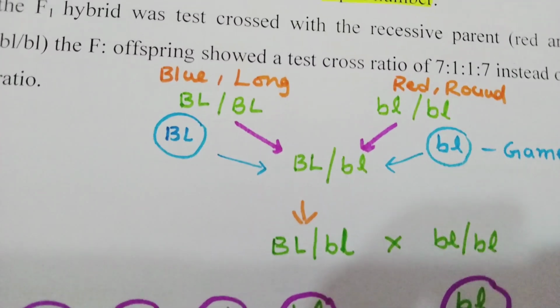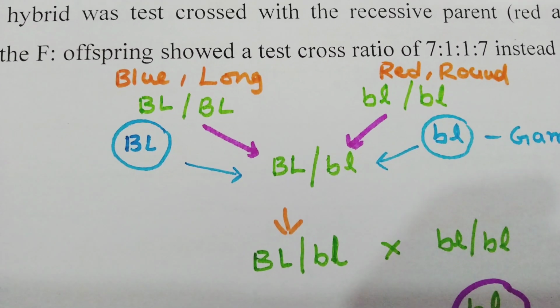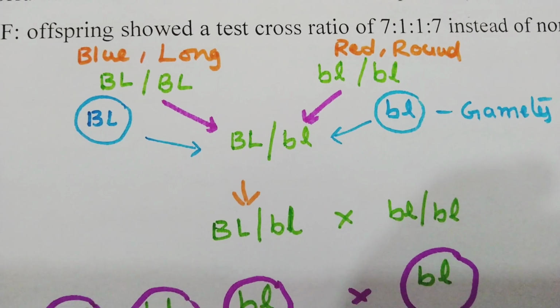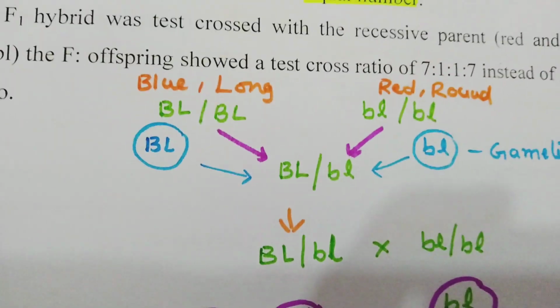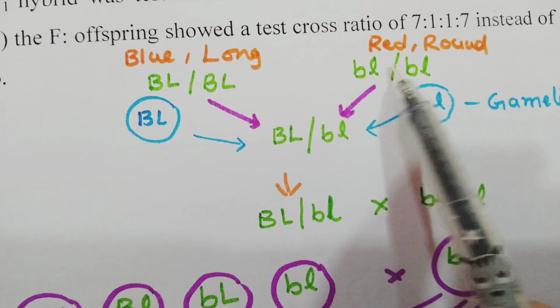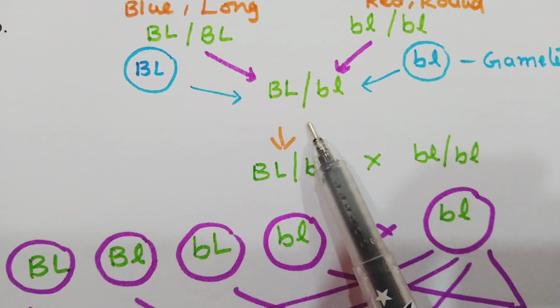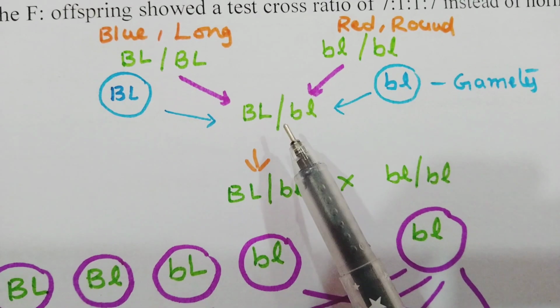So the blue flowered, long pollen plant was crossed with the red flowered, round pollen plant. This is the dihybrid cross, because we are considering two characters here. The F1 individual has blue flowers and long pollen.